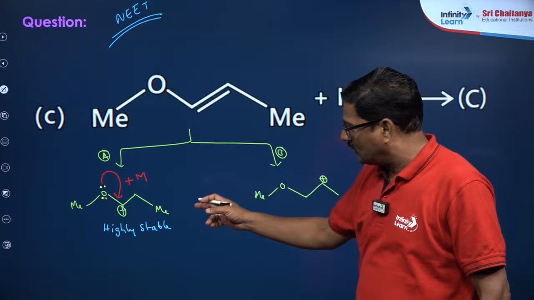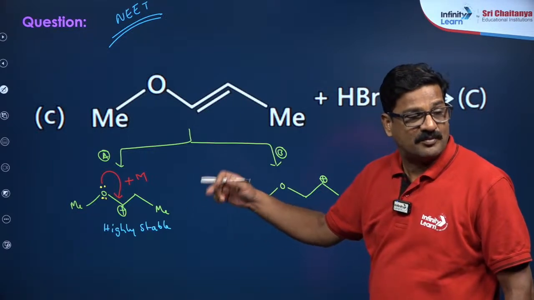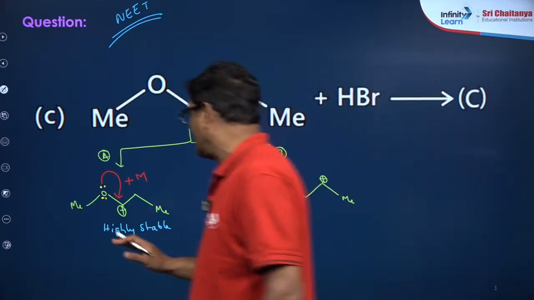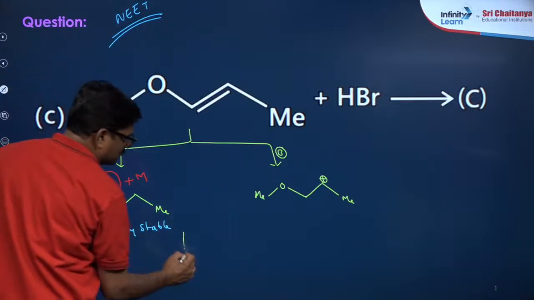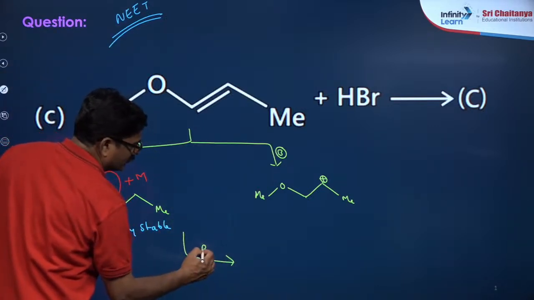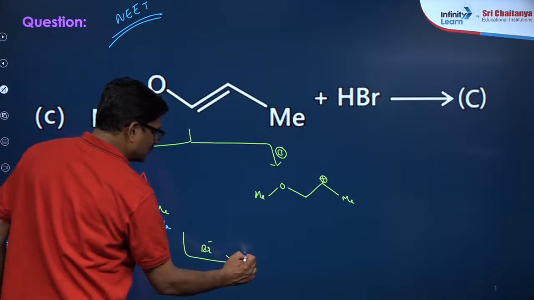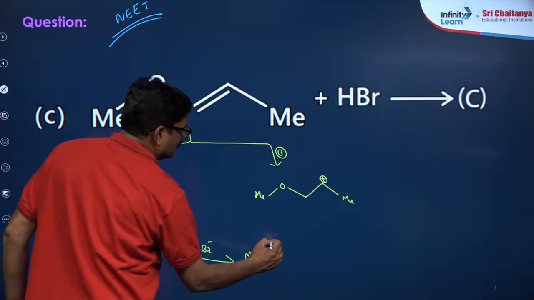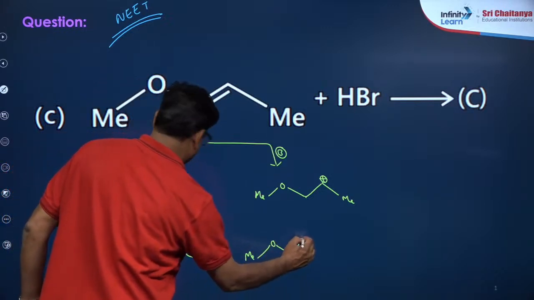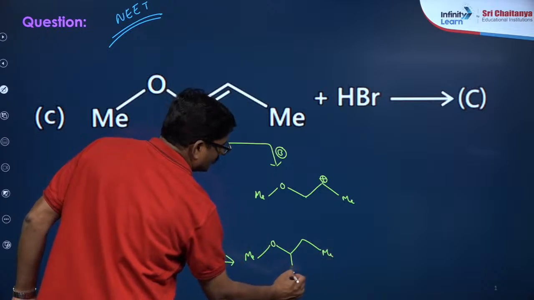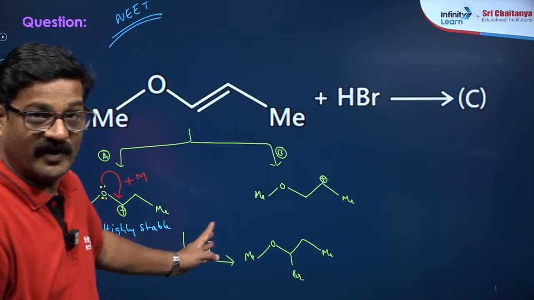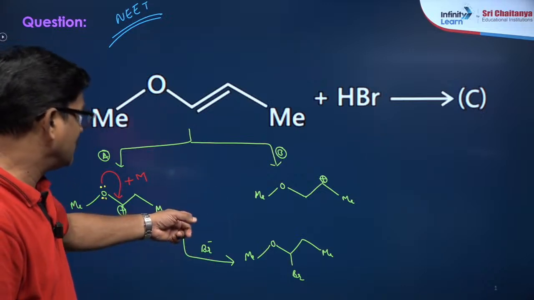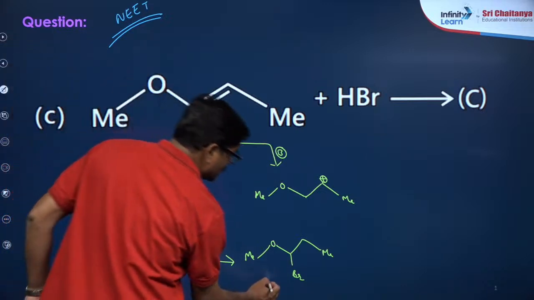So the carbocation that is highly stable makes the formation of the product easier. Therefore, if it is attacked with bromine, you are going to get this. Is that clear? Fine. So this is the major product, unexpected major product.